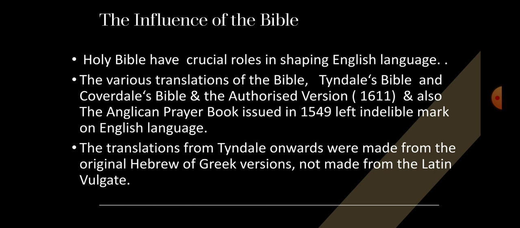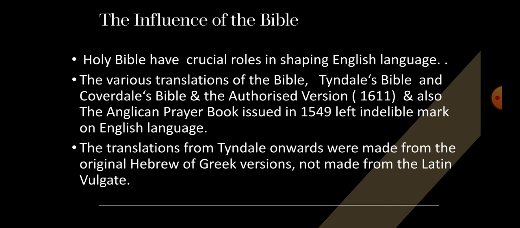I shall repeat, the first one, the translation by Tyndale. The second one by Coverdale, and the authorized version of Bible, which was in 1611. This authorized version of Bible was created under the direction of King James I.